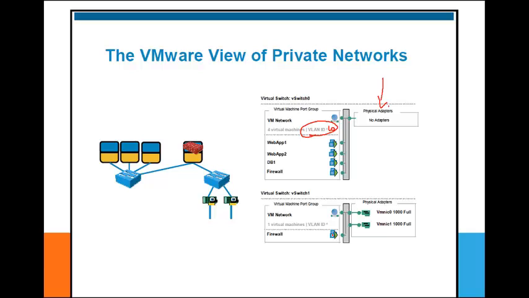Here the VLAN should be the same. So this is switch 0, this is switch 1. For this vSwitch 0, we don't have any adapter. For this vSwitch 1, we have 2 adapters. This is the same diagram which we saw previously. And these are all VMs, these 4 VMs.